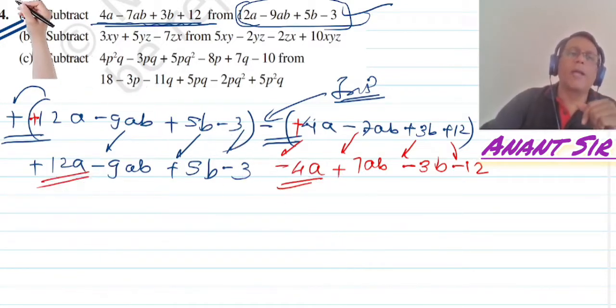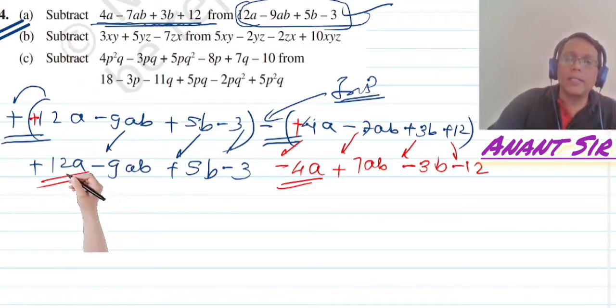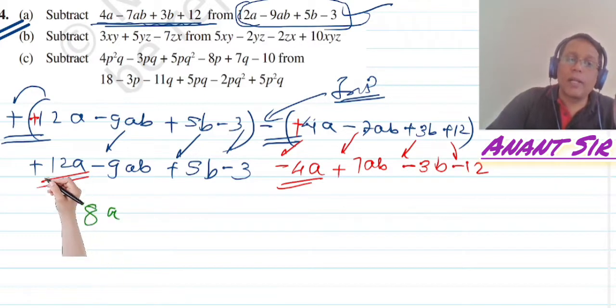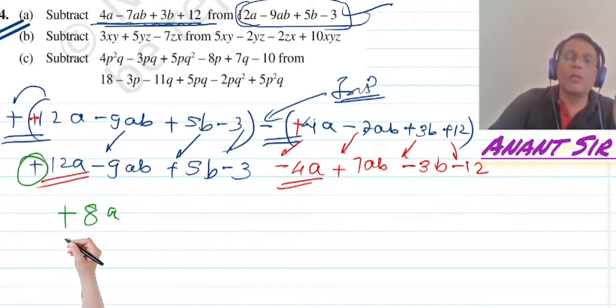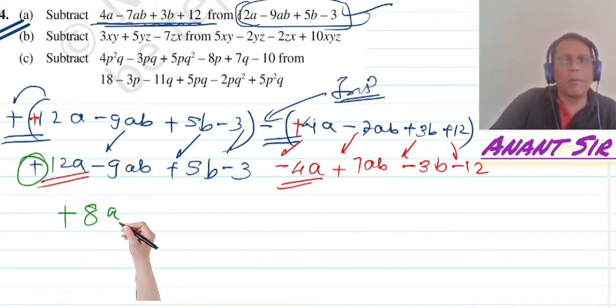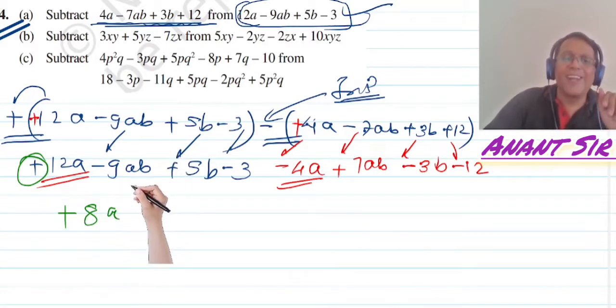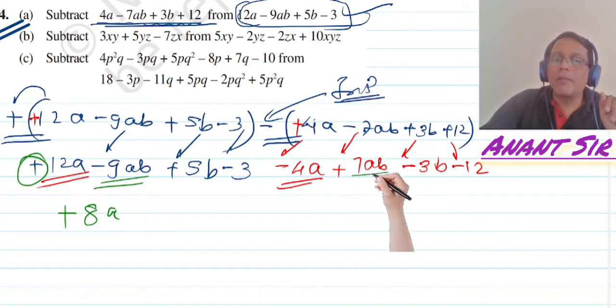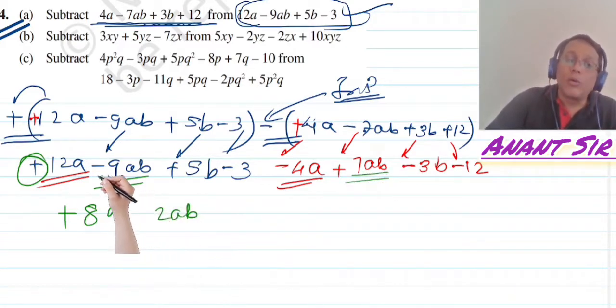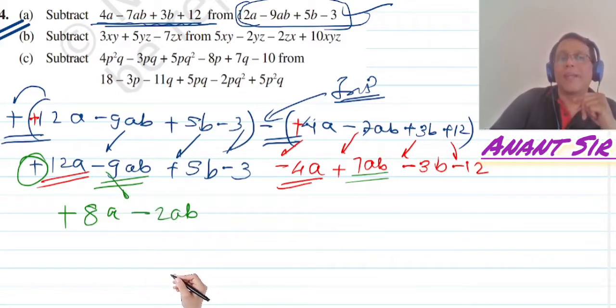Plus 12a minus 4a. As the signs are different, we subtract, and give the sign of the bigger number to the answer. That means it's plus 8a. Even if you don't write plus, it will be considered as plus only. Now minus 9ab plus 7ab. Again the signs are different, so I subtract and give the sign of the bigger term to the answer, minus 2ab.